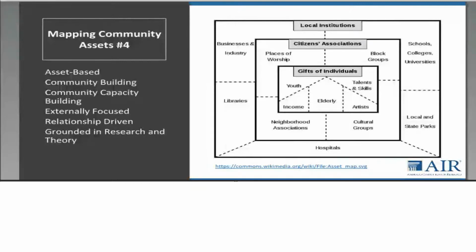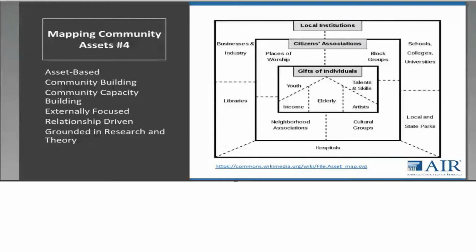Other association types are on the outside. This gets to the bigger groups that we want to look at, which can include places like churches, your neighborhood associations, your nonprofits, your CBOs, other associations and larger groups within your region.